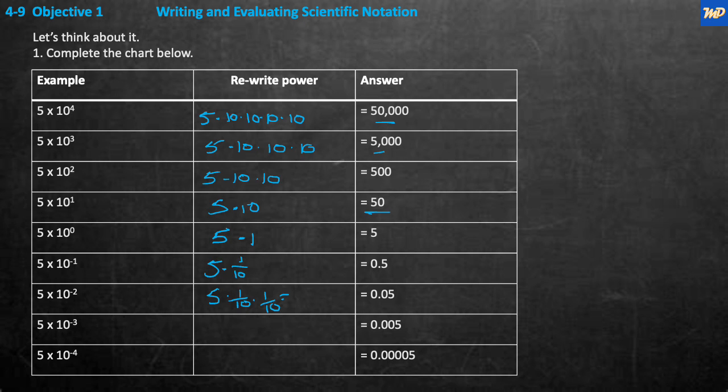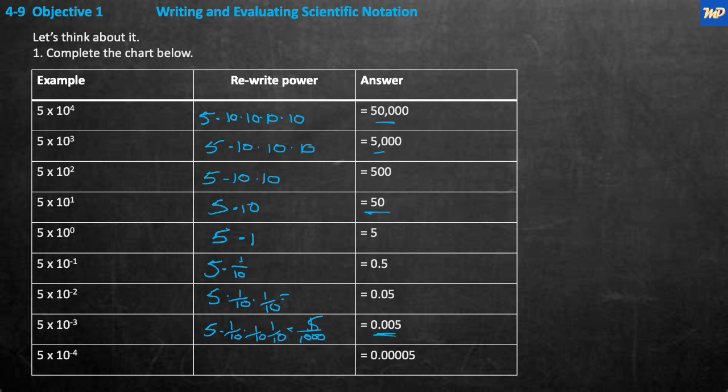And then if you do this, it's 5 times 1 over 10 times 1 over 10 times 1 over 10, which is equal to 1 over 1,000. 5 times 1 over 1,000 is 0.005. That's 5 thousandths. 5 divided by 1,000 is 5 thousandths.